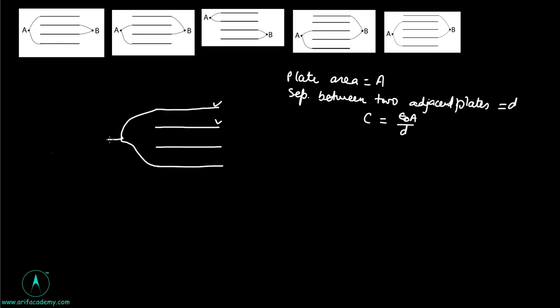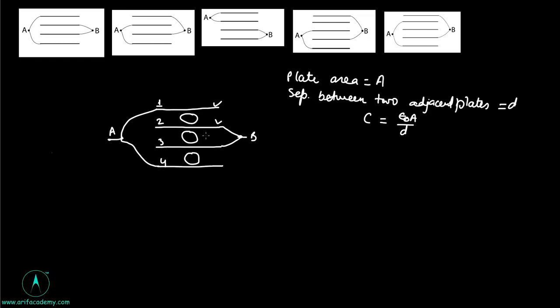that these two plates are connected and its name is A, and these two plates are connected and its name is B. So we have 3 capacitances between the adjacent capacitor plates, 1, 2, 3, and we are going to name the plates like this 1, 2, 3, 4.